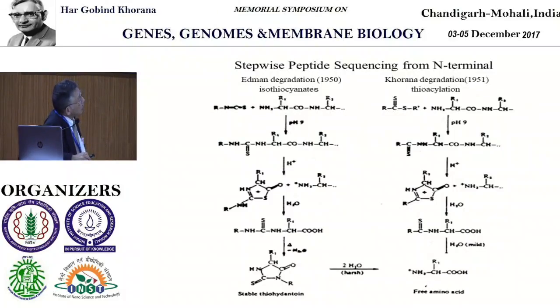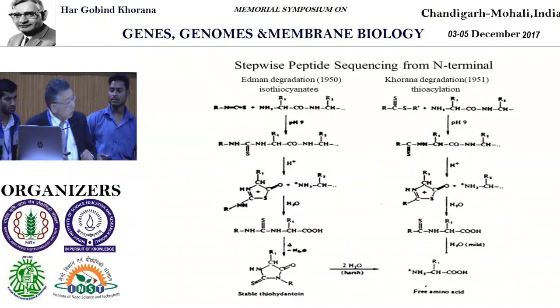It's a thioacylation method. Edman came out with isothiocyanates in the 1950s, and one year after Gobind's thioacylation method came out, this had an advantage of producing free amino acids. And so some people did use it.